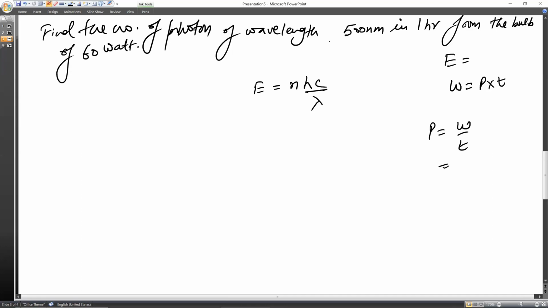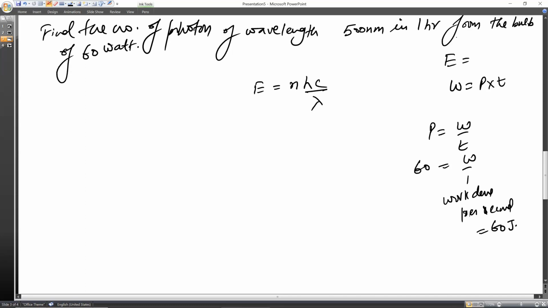Let us say we have 60 watt here. 60 watt power is given to you, and for the time 1 second, we can say that work done, or energy utilized per second, is 60 joule. Got it? Means for every second the bulb is consuming 60 joule energy.